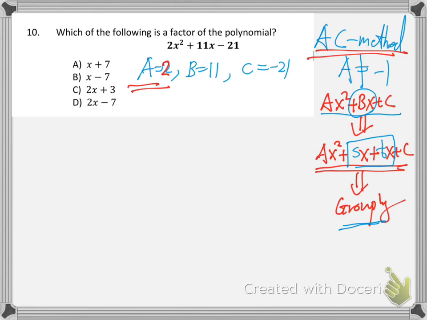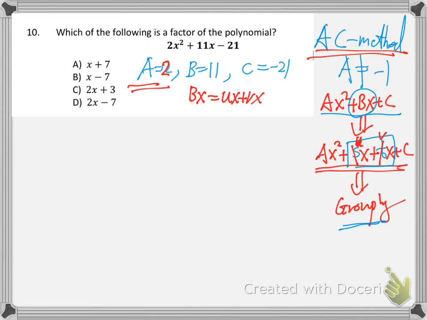So now I'm going to change the letter, because we don't want to use S and T. S and T is for the trial and error method. So let me change this to u and v. So ux and vx. So that's our goal. We want to change bx to ux plus vx. Now I'm going to write down the conditions for u and v.